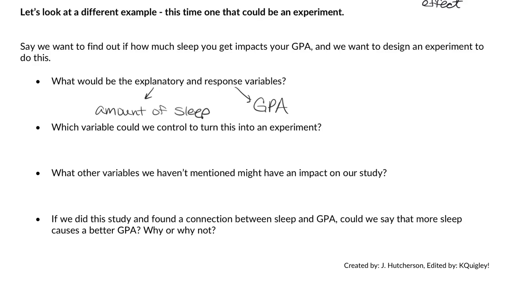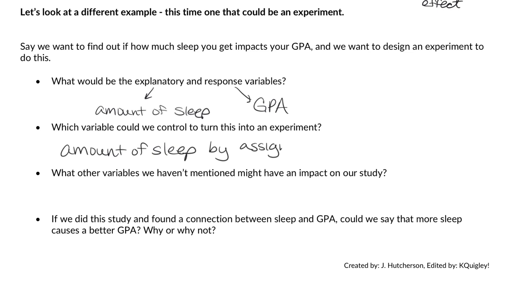Now, when we're creating experiments, we have to start to control variables. What variable could we control, and how would we control it to turn it into an experiment? Well, we want to control the amount of sleep somebody gets. How do we control how much sleep somebody is getting for an experiment? Force them to have a bedtime.